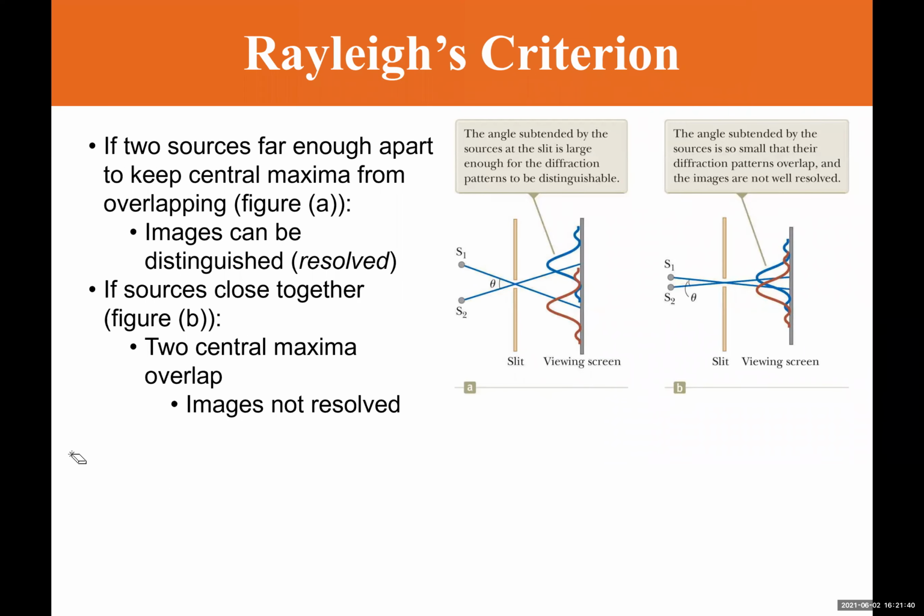All right. So again, our goal here is to make sure that theta here is large enough so that we can distinguish those two diffraction patterns. That means we need to have some kind of minimum angle theta, right, for which we can have a diffraction pattern for source one separate from source two.